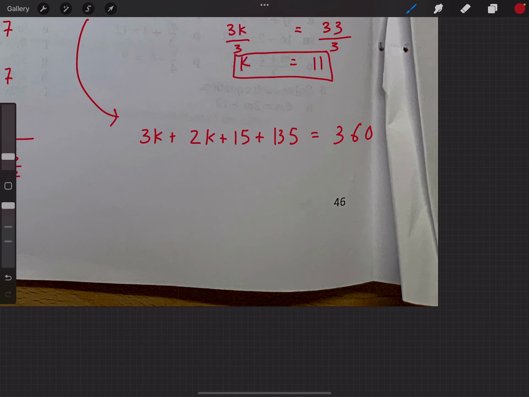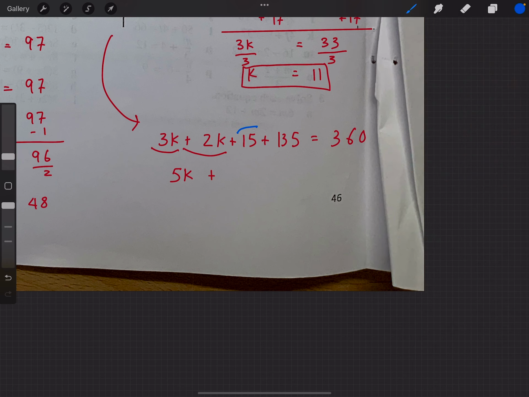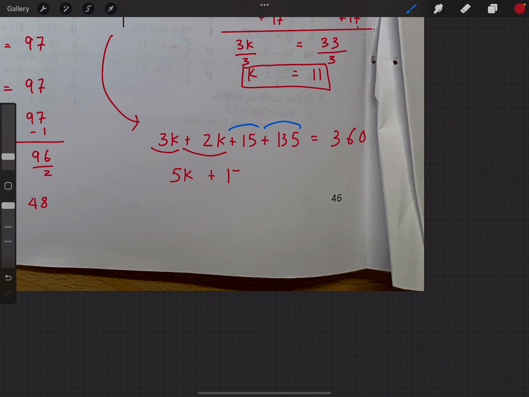You got 3k plus 2k. That makes 5k. Now we have plus 15 plus 135. So 15 plus 135 will be 150, equal to 360. Alright, we work backwards to find k.